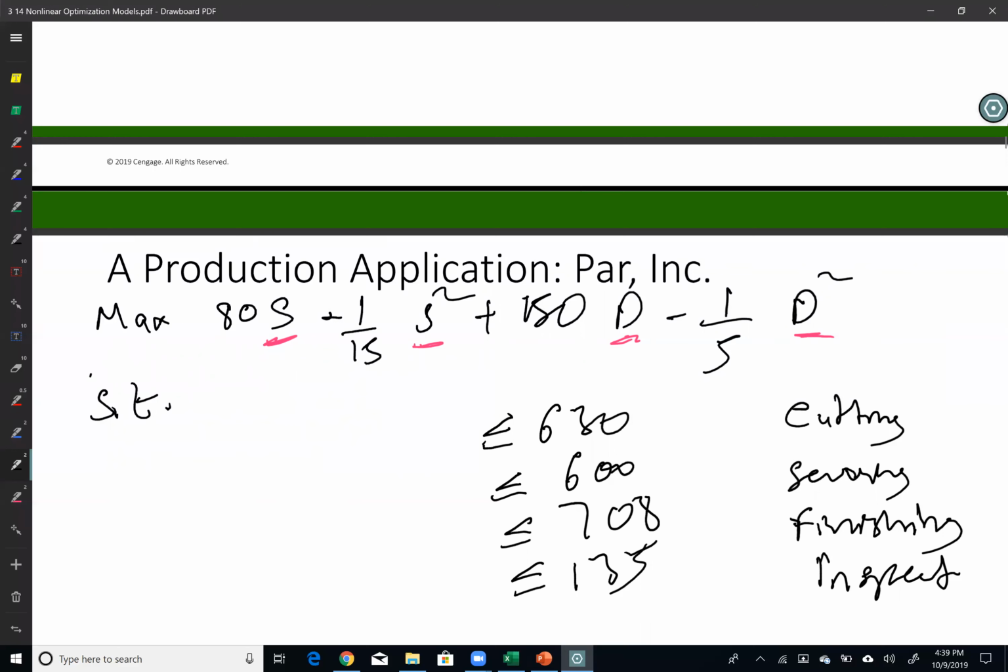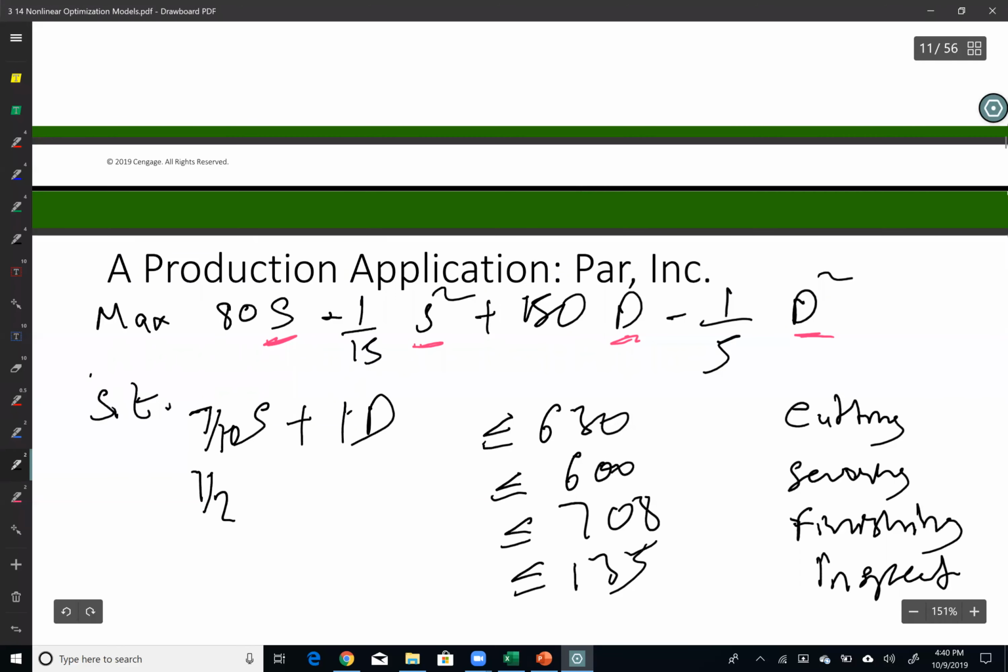And again, you need to have some kind of time study to get these time consumptions to produce these bags. So it looks like every standard bag takes 7/10 of an hour. Every deluxe bag requires 1 hour of the cutting department. And every standard bag requires half an hour of the sewing department and 5/6 hours of the sewing department is demanded per unit of deluxe bags.